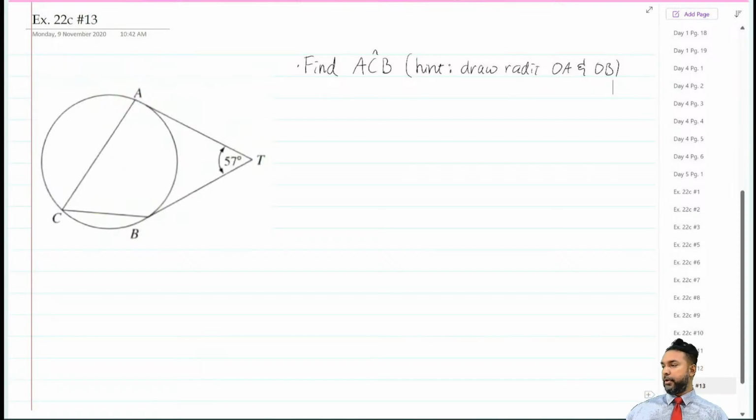Right, so we drew in the radii, so 57, and then that one is that, and then by half of here. So 180 minus that, then divided by 2.